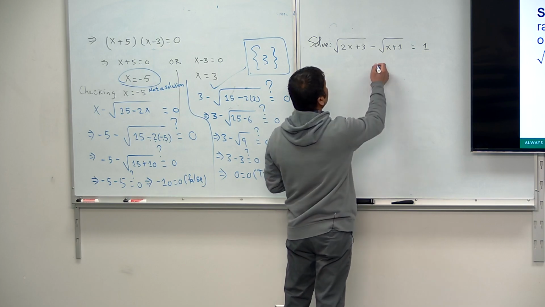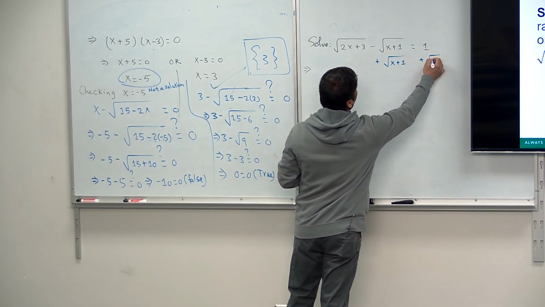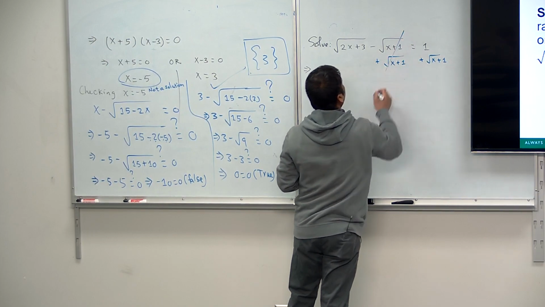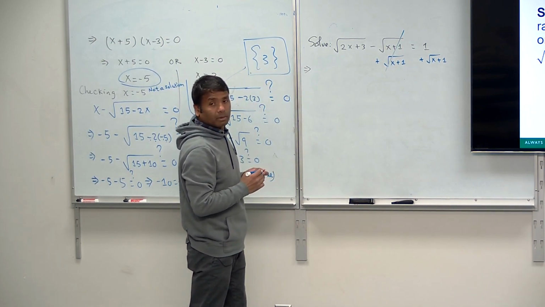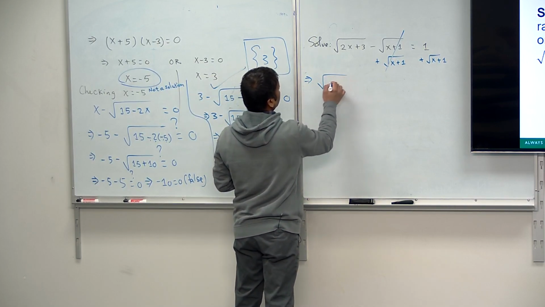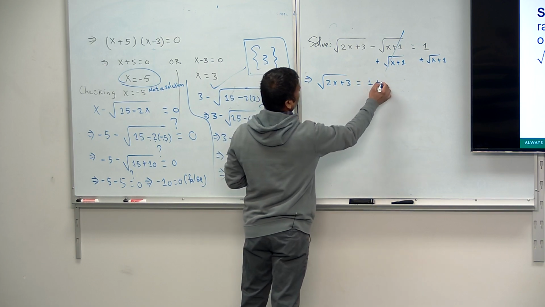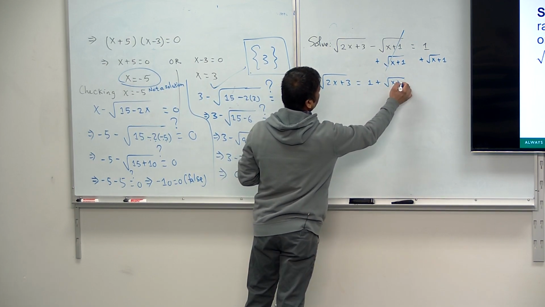So this is plus radical x plus 1 on both sides, and this you cross out, right? So what would this be? It is going to be radical 2x plus 3 equals 1 plus radical x plus 1.